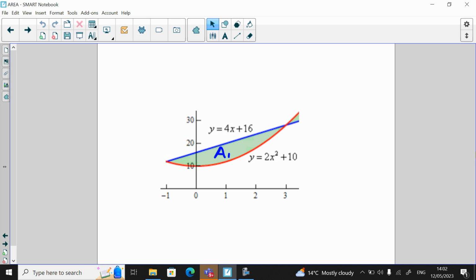Our first area, which I'm calling A1, we need 4 pieces of information here. So the top boundary for the area is a line 4x plus 16, and the lower boundary is what looks like a quadratic parabola, 2x squared plus 10.